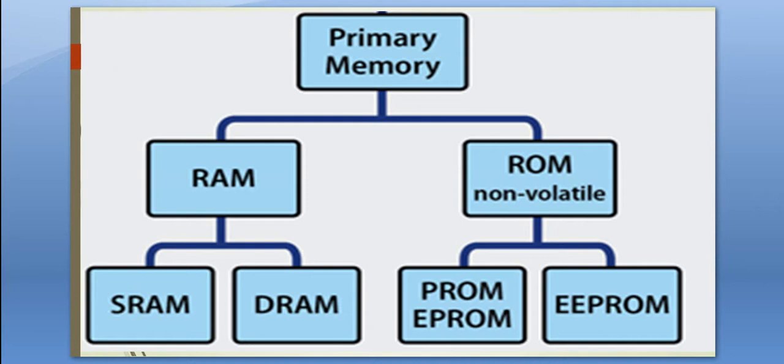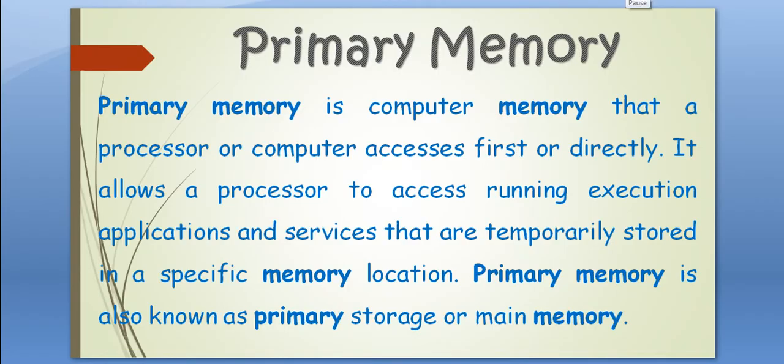ROM is also known as non-volatile memory. RAM is divided into two parts, SRAM, static RAM, and DRAM, dynamic RAM. And ROM is divided into three parts: PROM means programmable ROM, EPROM erasable programmable ROM, and EEPROM electrically erasable programmable ROM.